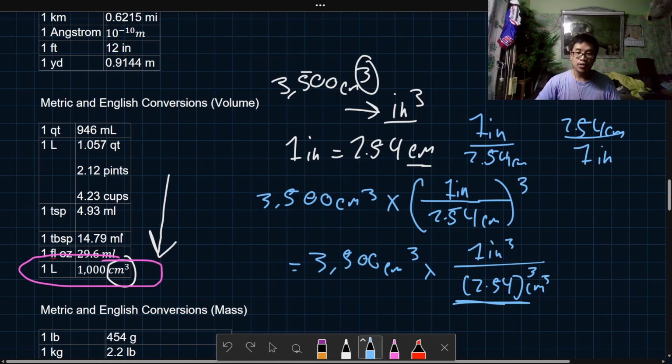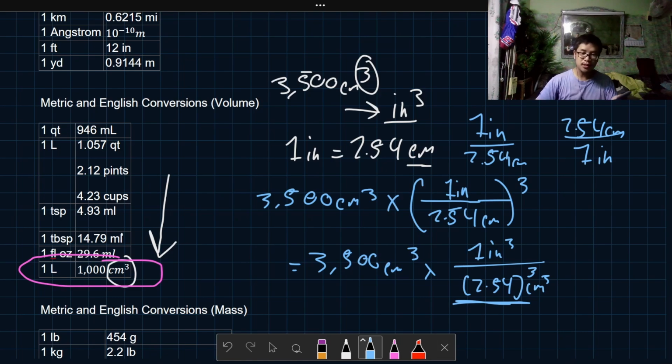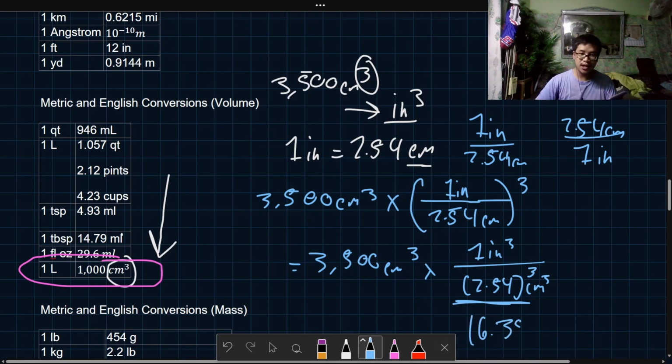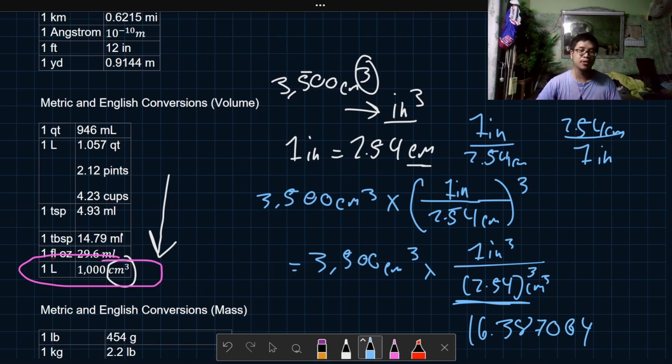By the way, you can find the answer for this because 2.54 cubed is 16.387064. But if you don't want it long, just put parentheses and cube that number instead.